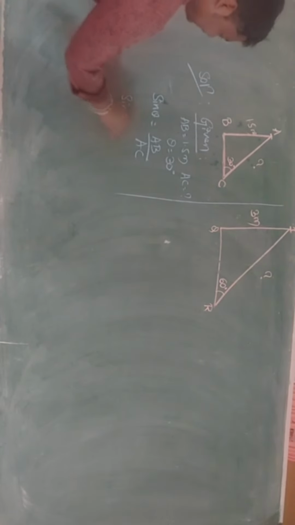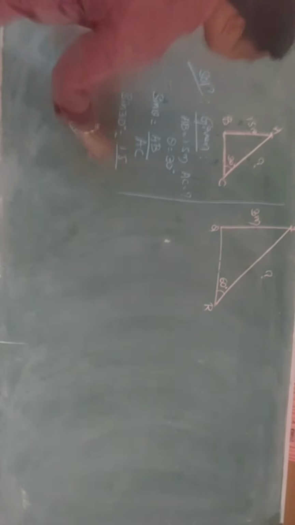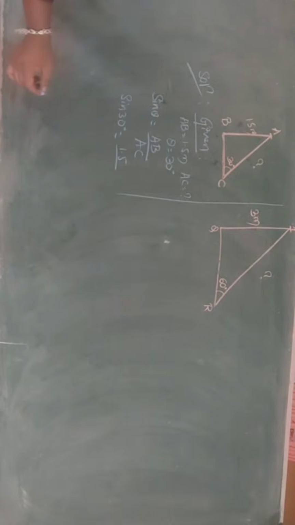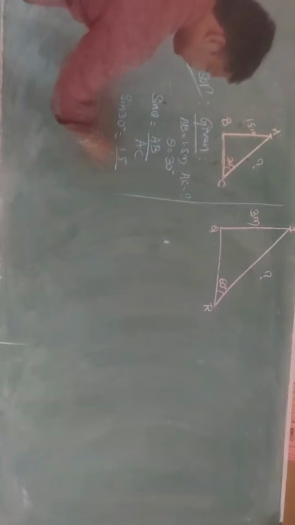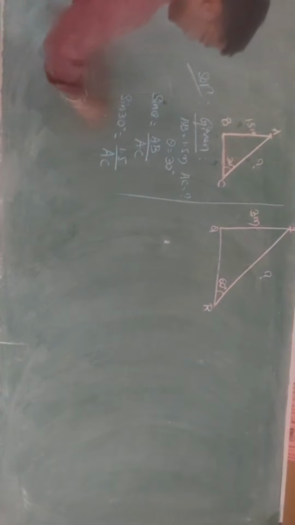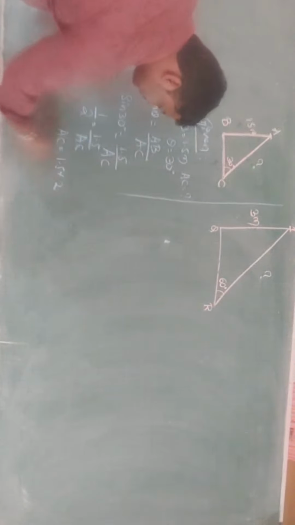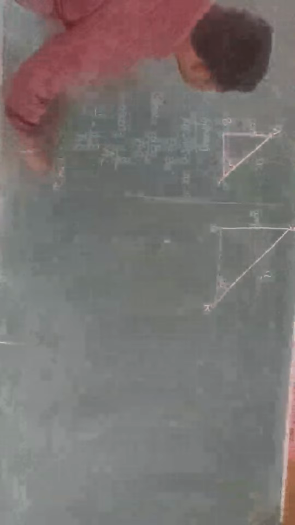So sine of 30 degree is equal to AB is 1.5 and AC is the length of the slide, which we don't know, write as it is. The value of sine 30 that is half is equal to 1.5 upon AC. So cross multiplication, AC is equal to 1.5 into 2. So AC is equal to 3 meter. So the length of the slide is 3 meter in the first case.